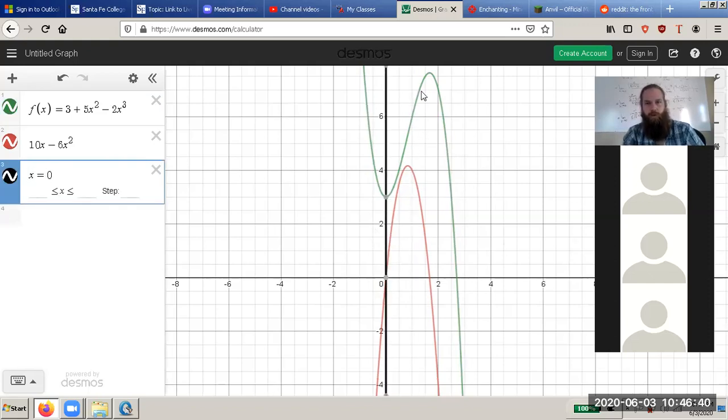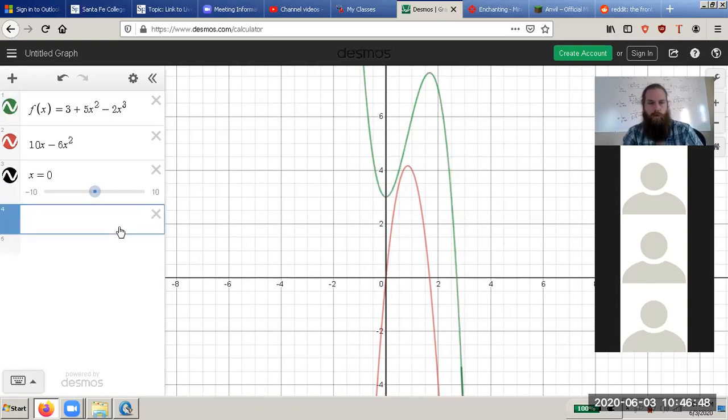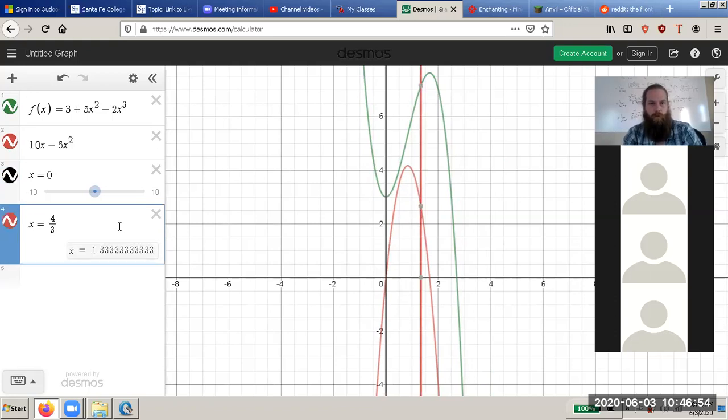What is this x value? 1/3. What is that? That's 4/3. 5/3.